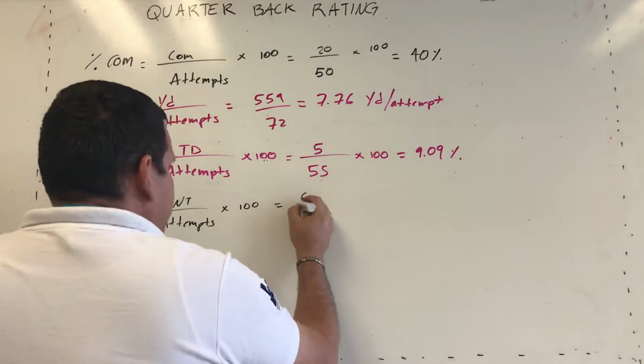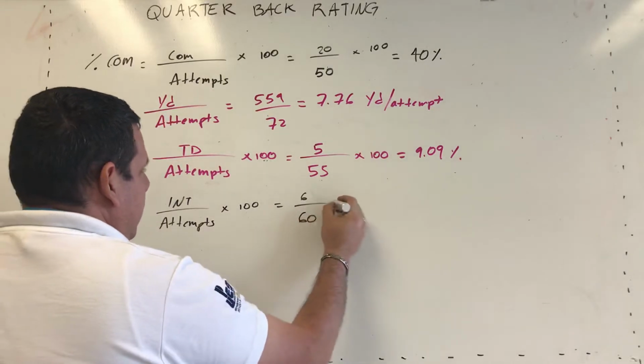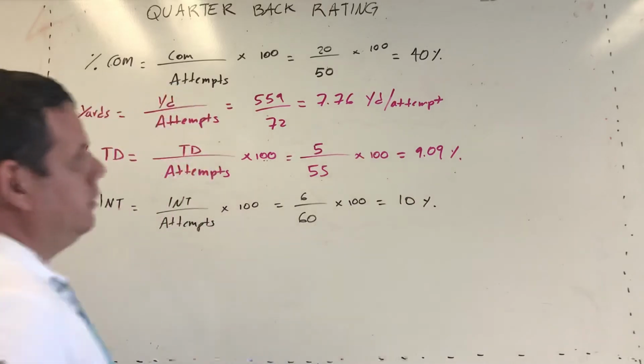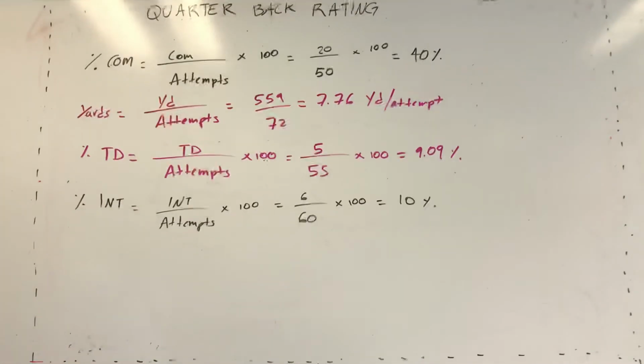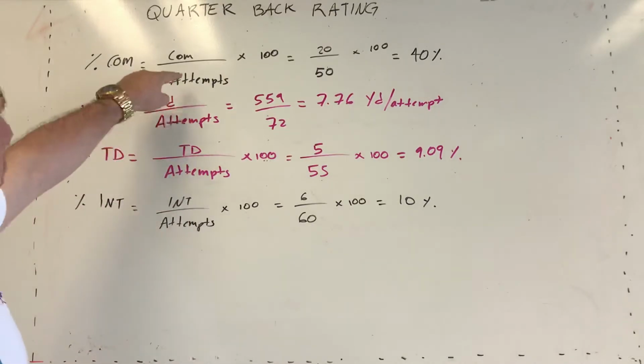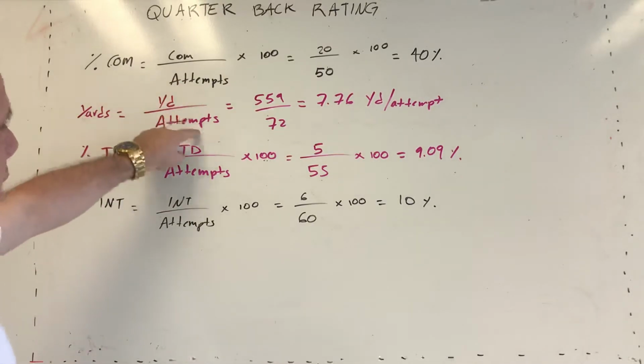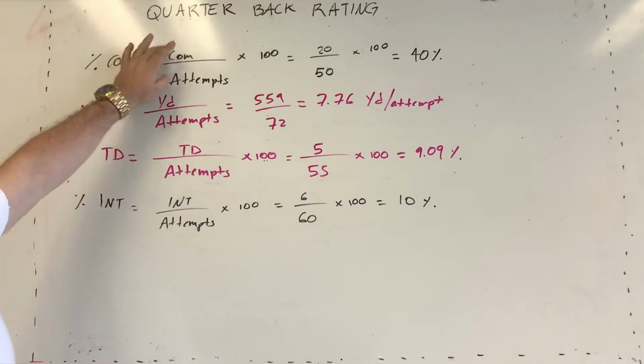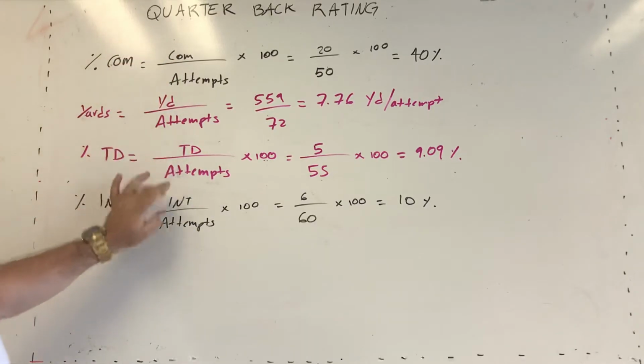So we have 6 interceptions in 60 attempts times 100 equals 10%. So we can get these statistics according to the attempts. As you can see, we always divide by the attempts. We have the completed passes, the yards, the touchdowns, and the interceptions.